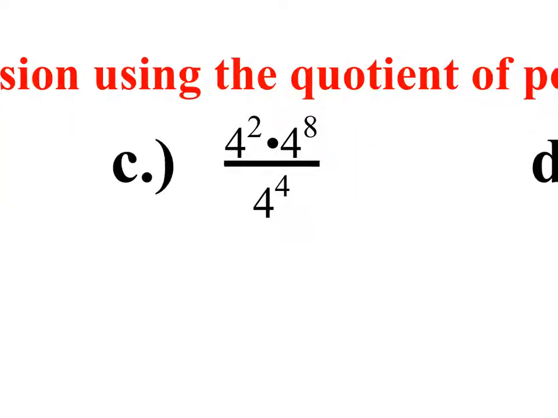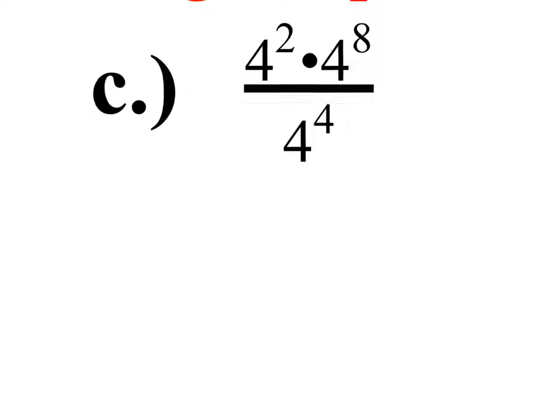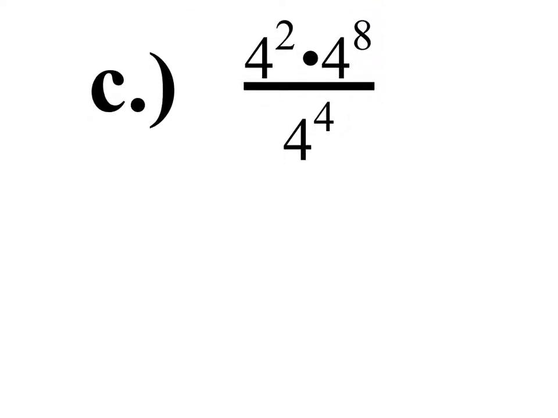Next one. This is where I'm talking about if you have more than one thing going on in the numerator or denominator, you have to simplify that first. So on the top, think what we did yesterday. If you have the same base and multiplication, what do we do with our exponents? Add. Okay, so on the top, we need to add the exponents. So in total, we have how many 4's multiplied on the top? 4 to the 10th over 4 to the 4th.